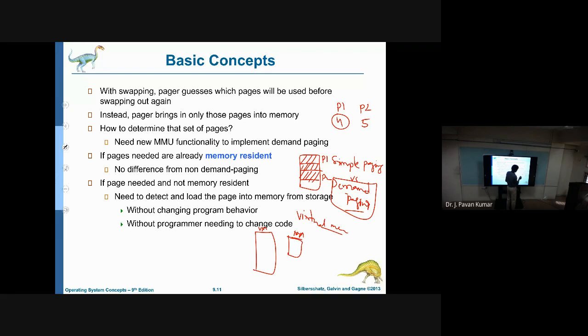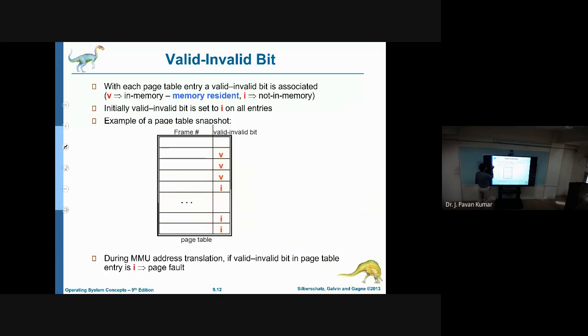Now we want another page, so the operating system can identify the empty frame, and the required page we are requesting can be brought into the main memory and placed there. Accordingly, the page table will be updated, which we have seen in the last class, right?